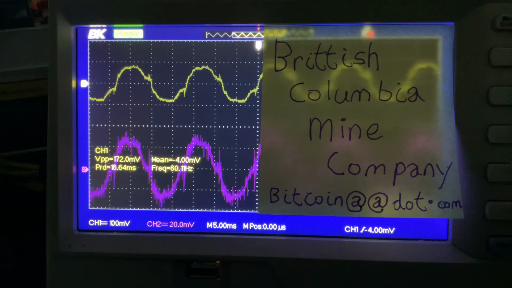Oh, there's our voltage right there. Look at that. VPP, it's 172 millivolts. I got it set to millivolts because I got my probe set to 10 times, and this thing is probably set to 10 times. It's 100.